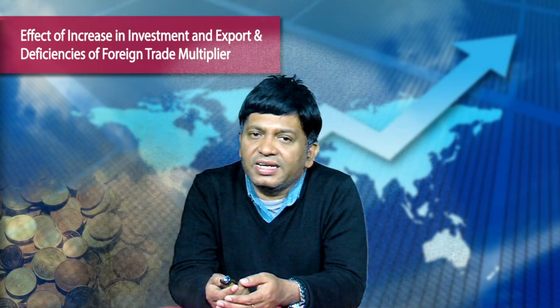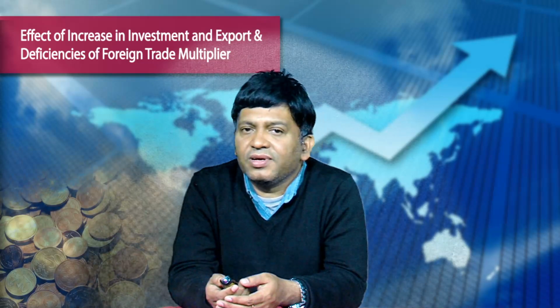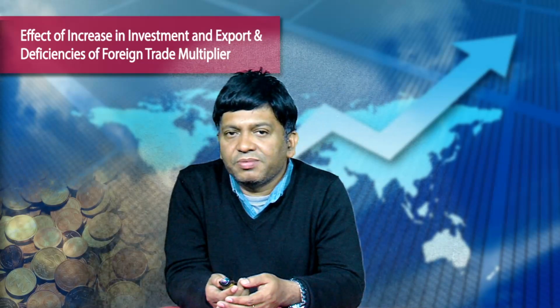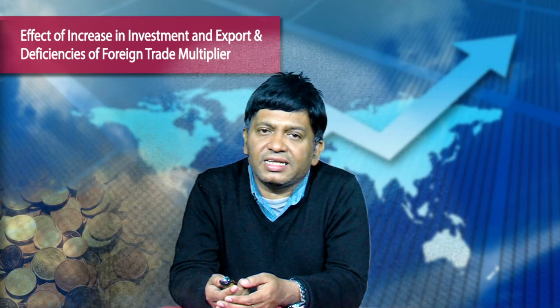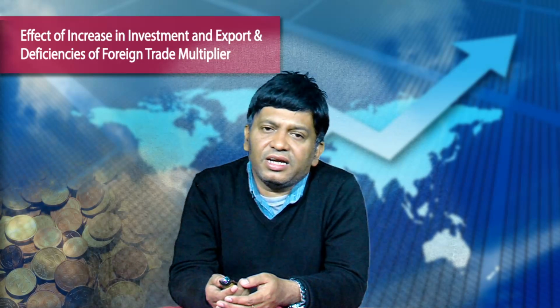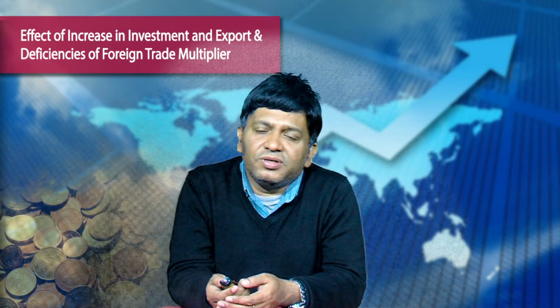In that context, we will have this export line slipping to I plus X double dash. Then this I plus X double dash line intersects the S plus M line at E double dash, and here we now have an equilibrium income of 500.